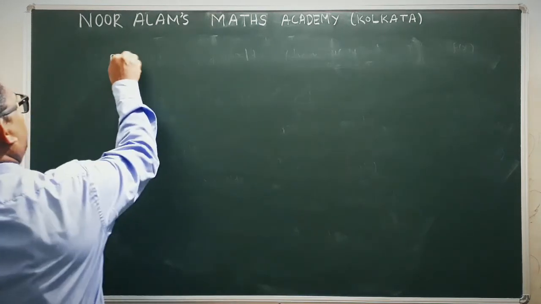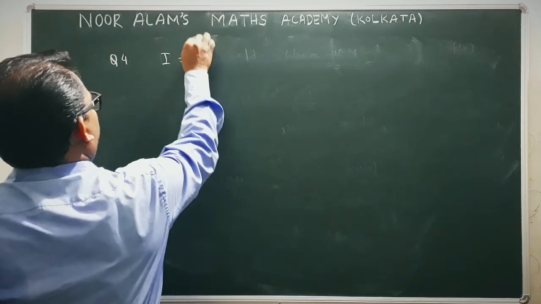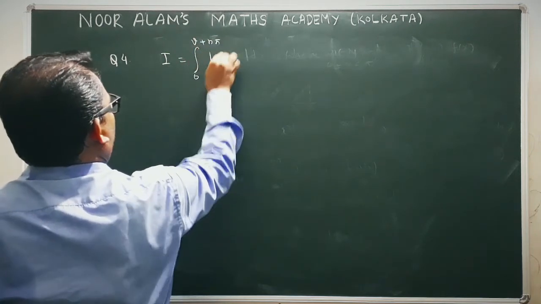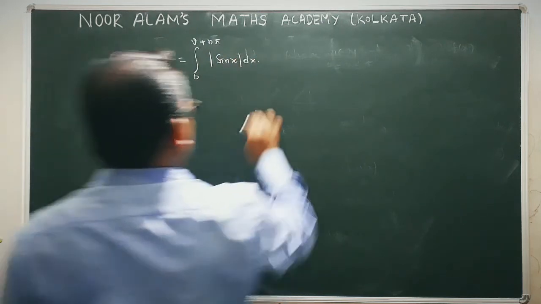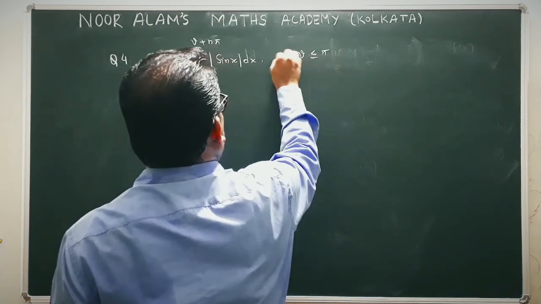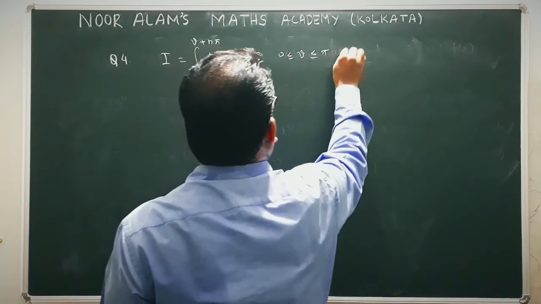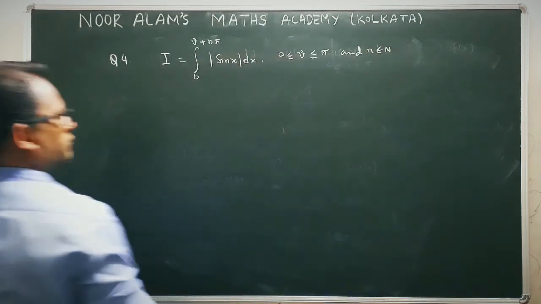Question number 4, I is given as the integral from 0 to v plus n pi of mod of sin x dx. We have to find the value of this integral where v lies between 0 to pi and n belongs to the natural numbers. Now how can we solve this problem?